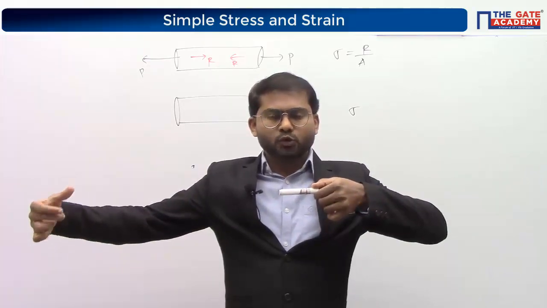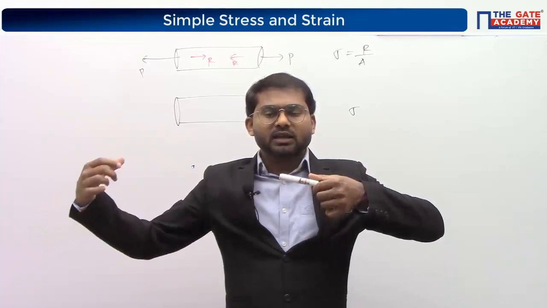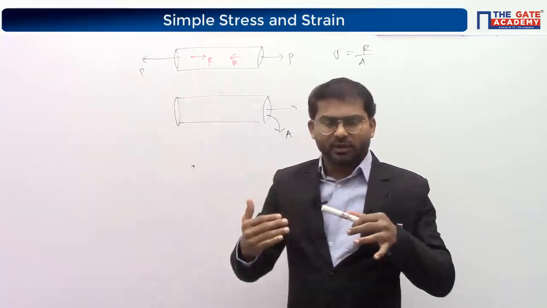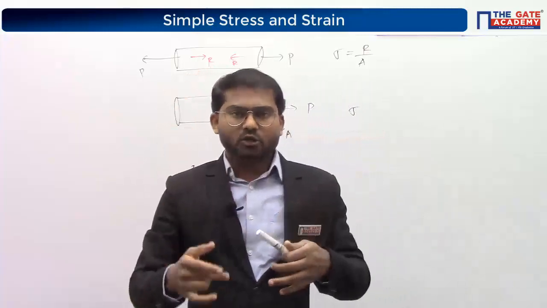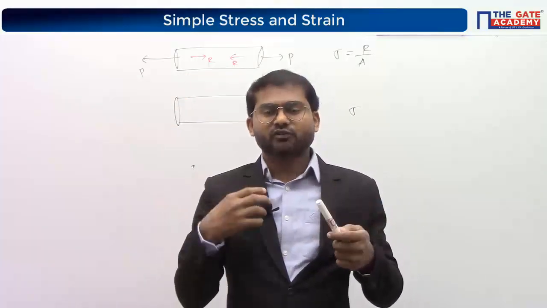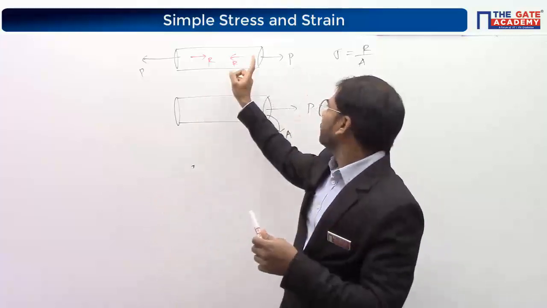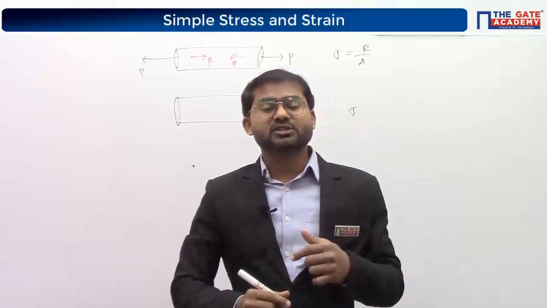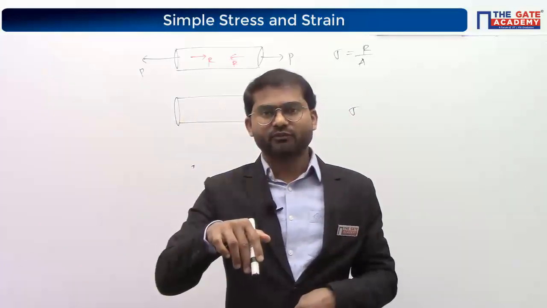Those two forces give rise to an internal resistive force inside the material. Due to the experience of force, the material gives rise to this internal resistive force R. So stress is actually given by this R by area of cross section.